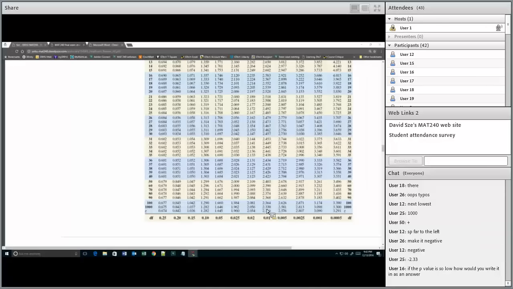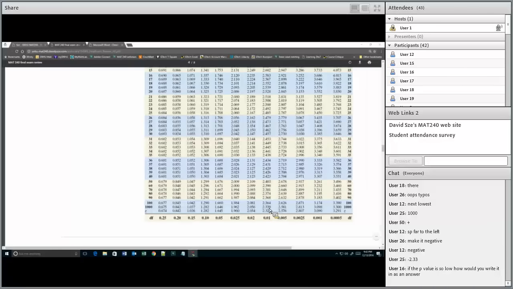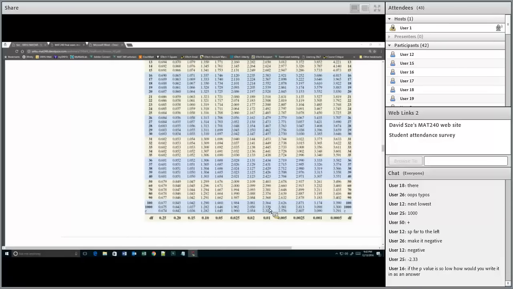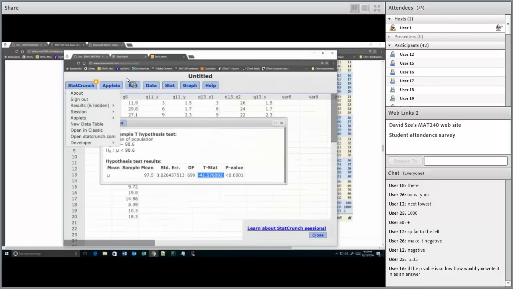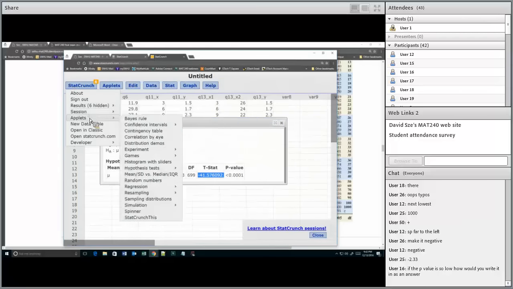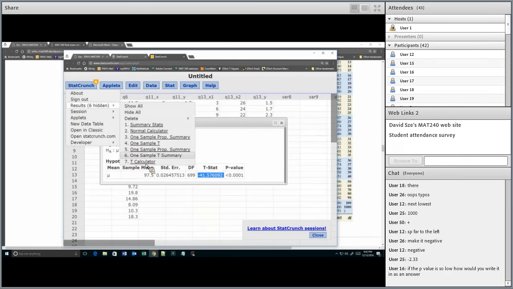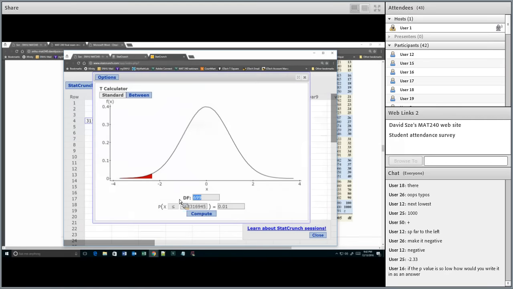Okay. Now you see how cumbersome that was to do versus using the T calculator, right? The T calculator is so easy to use. All you do is type your DF, type your alpha, hit compute, and it gives you the answer here, right? And you see how the answer is actually pretty close to what you are getting.